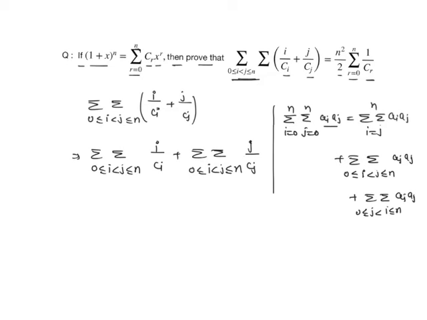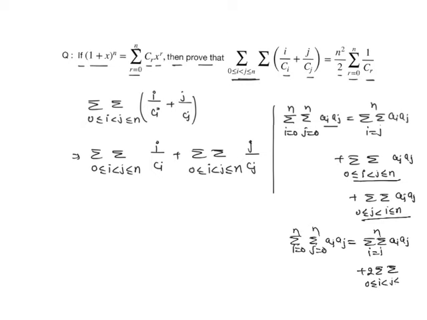If ai and aj are symmetric, then these two will be equal. So we can write sigma i equals 0 to n, sigma j equals 0 to n, ai into aj equals sigma sigma i equals j to n ai into aj plus 2 times sigma sigma 0 ≤ i < j ≤ n ai into aj. And this also we can write like that also, 0 ≤ j < i ≤ n.